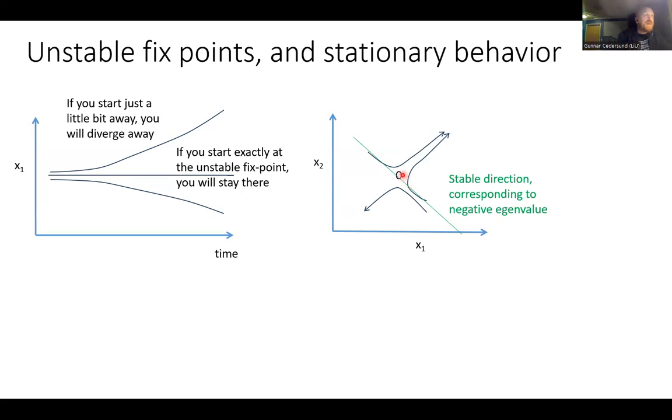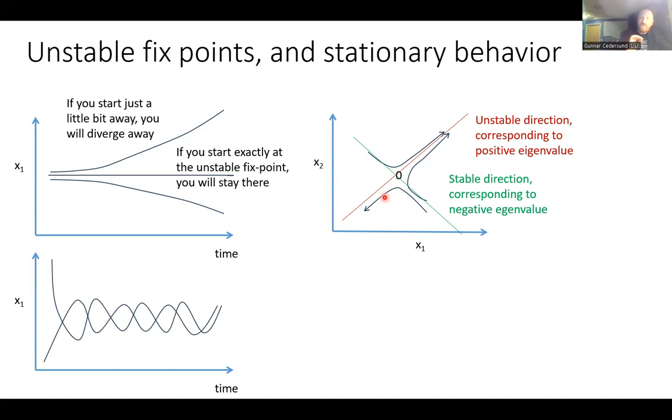But we will never really reach the fixed point if we don't start in it. But we will go close to it, possibly, and then we will start to diverge in certain directions. And these directions that we diverge in, those are the unstable directions corresponding to the eigenvectors with the positive real part of the eigenvalue.